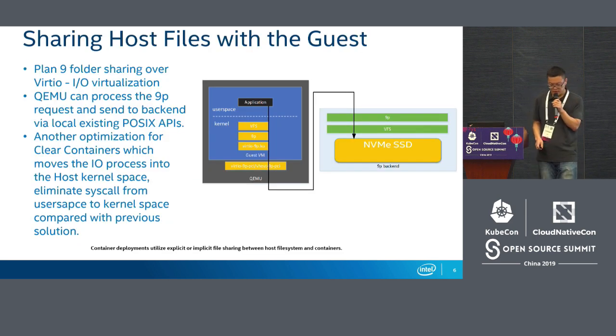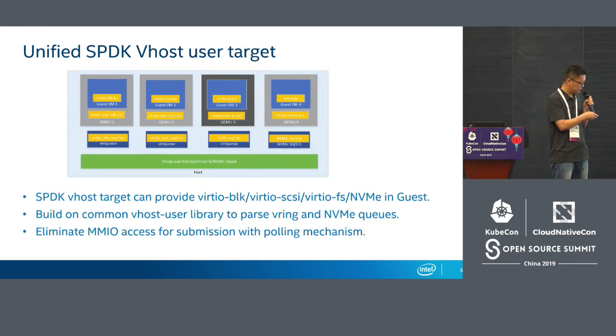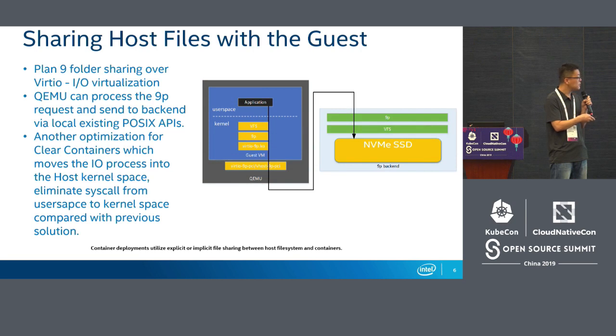The question then is, if we're sharing files from guest to host, the existing protocol is 9pfs. There are also two ways to achieve that. The first one is this: Virtio 9P implemented within QEMU.